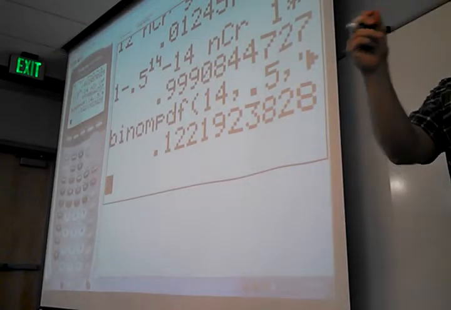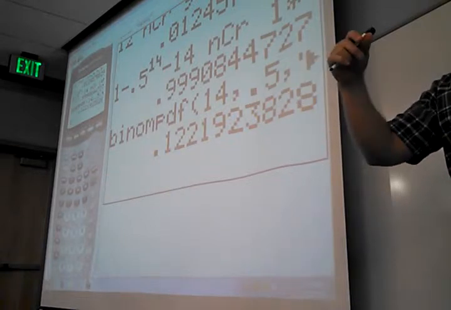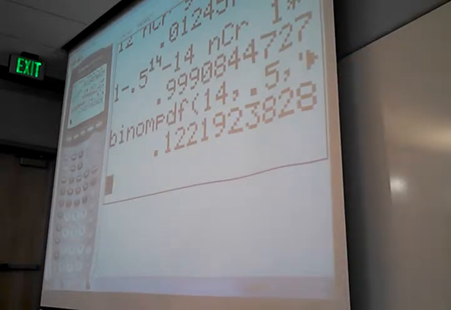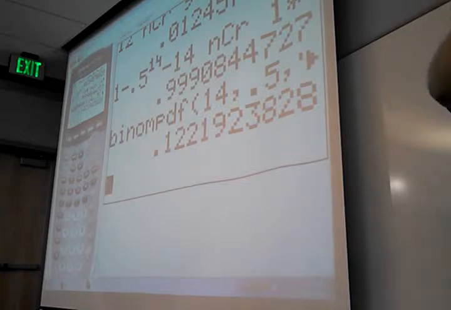So we figured out the opposite is 1 minus the probability of 0 or 1, so up to 1. Binomial CDF can do that. I use the same inputs as here, except I put a 1 in for X. It'll tell me this number, and then I can do 1 minus that.